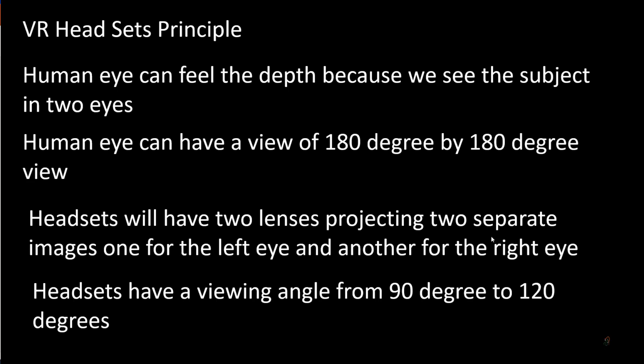Because of this, we see two images projected separately for the two eyes, and now we get this VR feeling. So a VR headset is nothing but a device having two lenses and a provision to hold the display at the back. Although our view is 180 degrees, headsets have a view angle of 90 to 120 degrees.